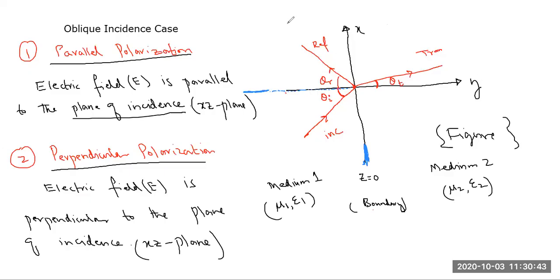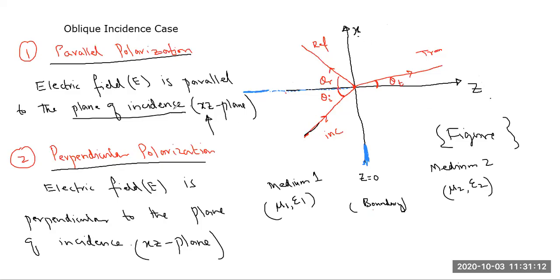So make sure that you understand the meaning of the plane of incidence rather than trying to remember it, because the plane of incidence is not always the xz plane. It is the xz plane here because, with respect to the figure that I have drawn, this vector and this normal make a plane, and this plane is the xz plane.